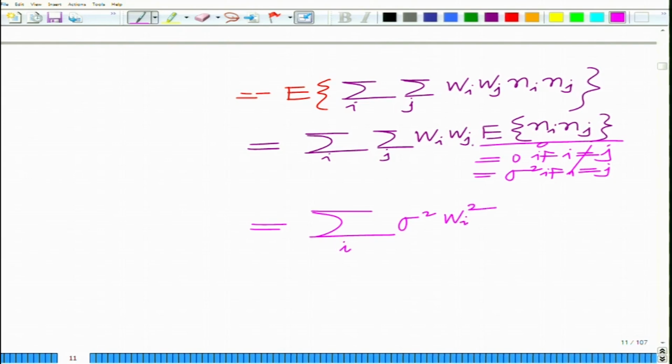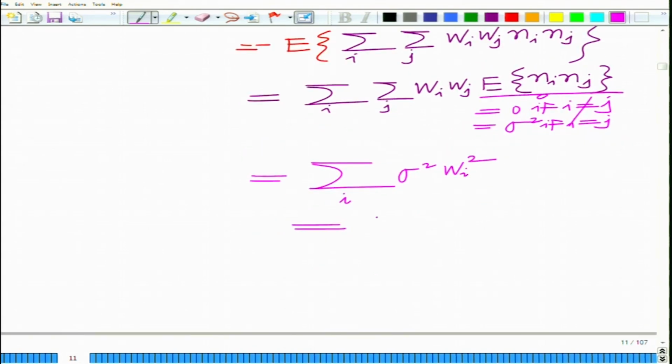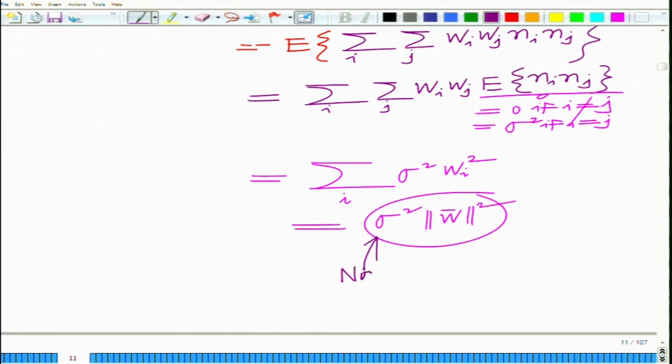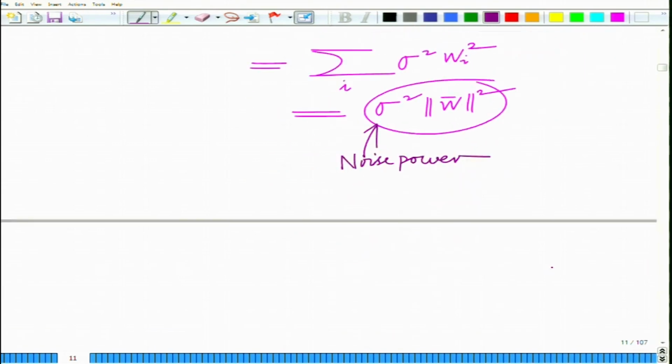When i equals j, Wi into Wj will be Wi square. Taking the sigma square outside, this will be sigma square summation Wi square, which is basically nothing but norm W bar square, and this is basically the noise power.